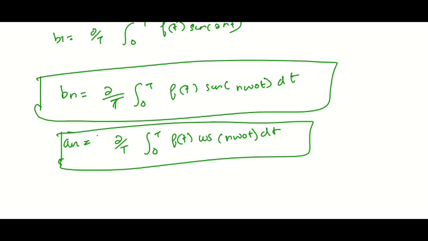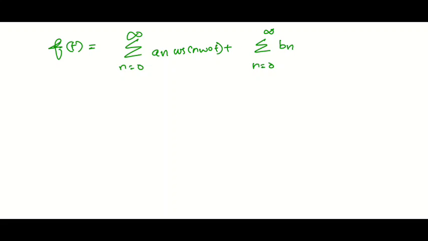Okay, and now I can write f of t like this: sigma n is equal to 0 to infinity an cos n omega 0 t plus sigma n is equal to 0 to infinity bn sin n omega 0 t. So when n is equal to 0, what happens?